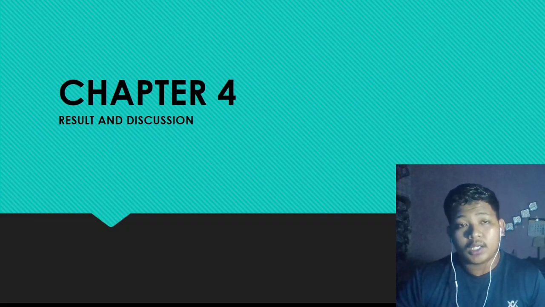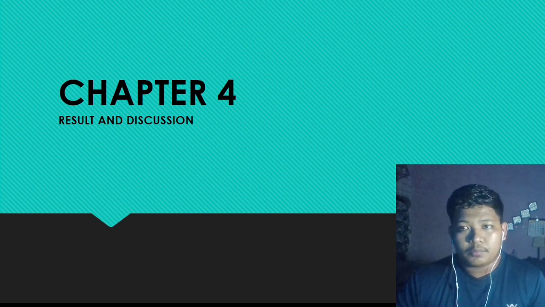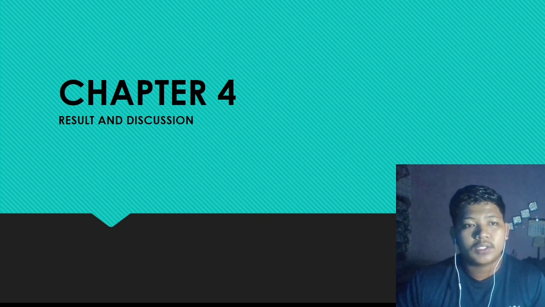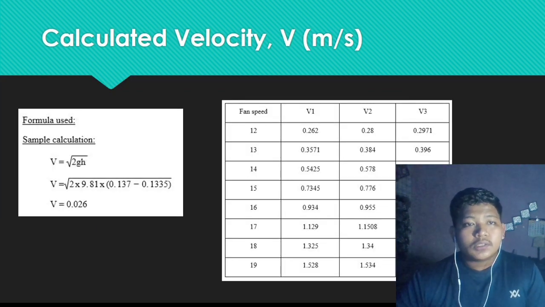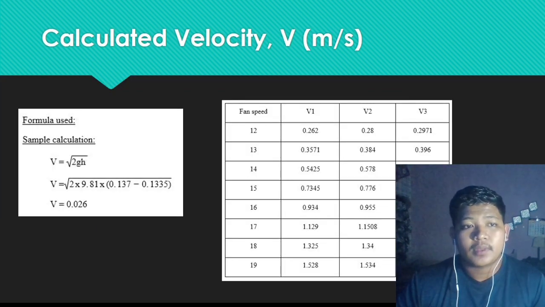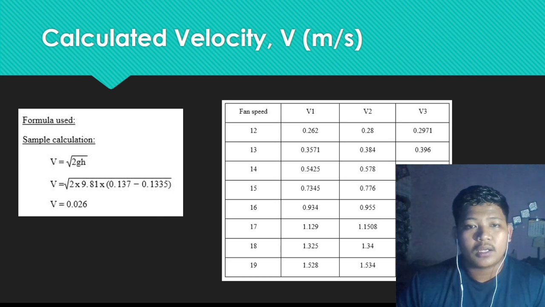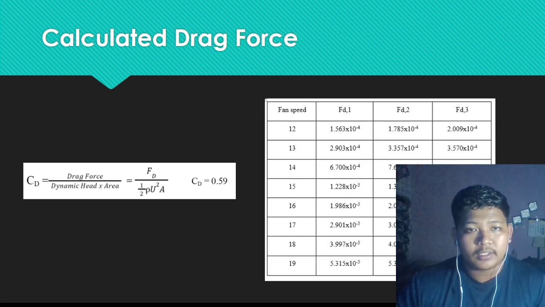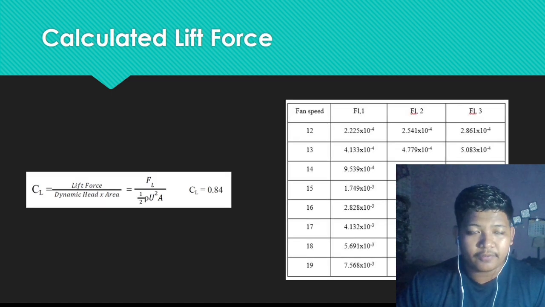My name is Muhammad Hazi and I will present Chapter 4, which is results and discussion. First, calculated velocity. We use the formula V equals square root of 2gh. The table shows the data, and then calculated drag force with the formula CD equals drag force over dynamic head times area, and the table shows the data for the calculated drag force.